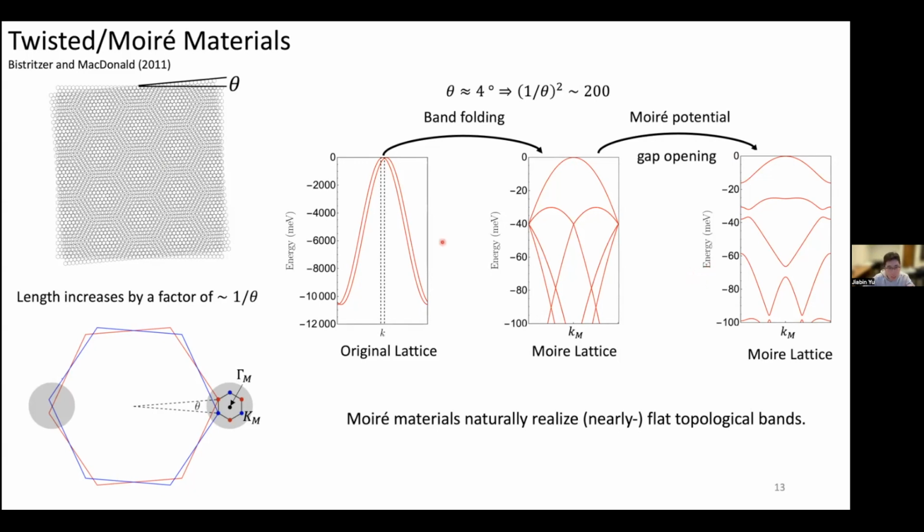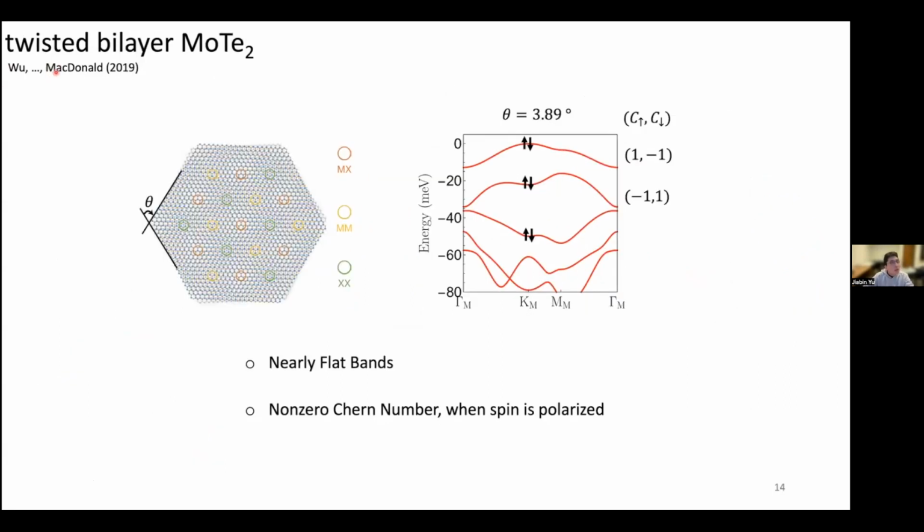So this is the intuition why Moiré materials can naturally achieve nearly flat topological bands. Okay, and this happens in twisted MoTe2, which consists of two layers of MoTe2 at a small twist angle theta, around 3.7 degrees in experiment.